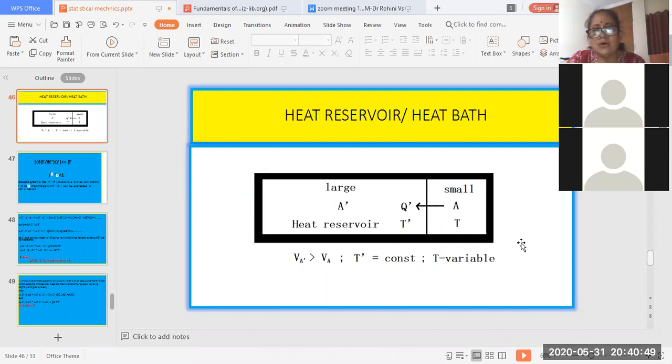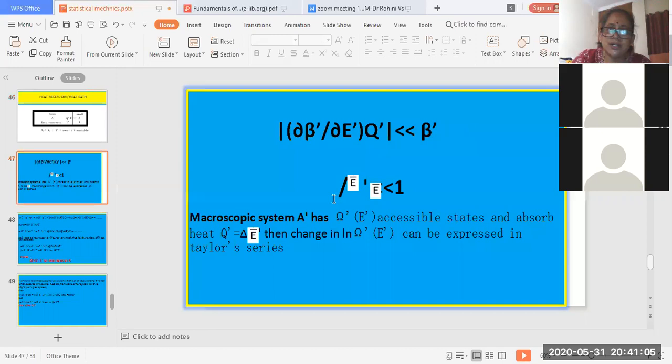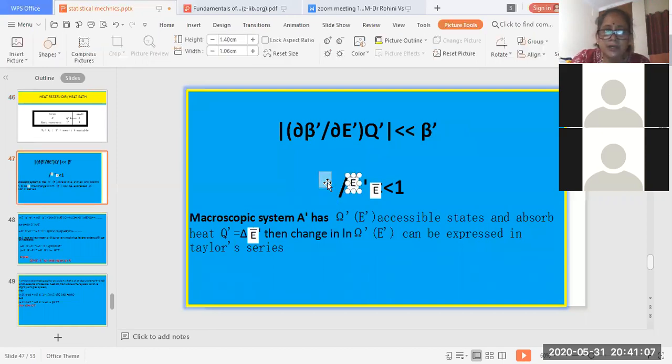So you have to explain the characteristics of the system and give the definition of a heat reservoir. After that you have to define entropy and give this condition. This condition is very, very important. If you don't state it, then you won't get marks.